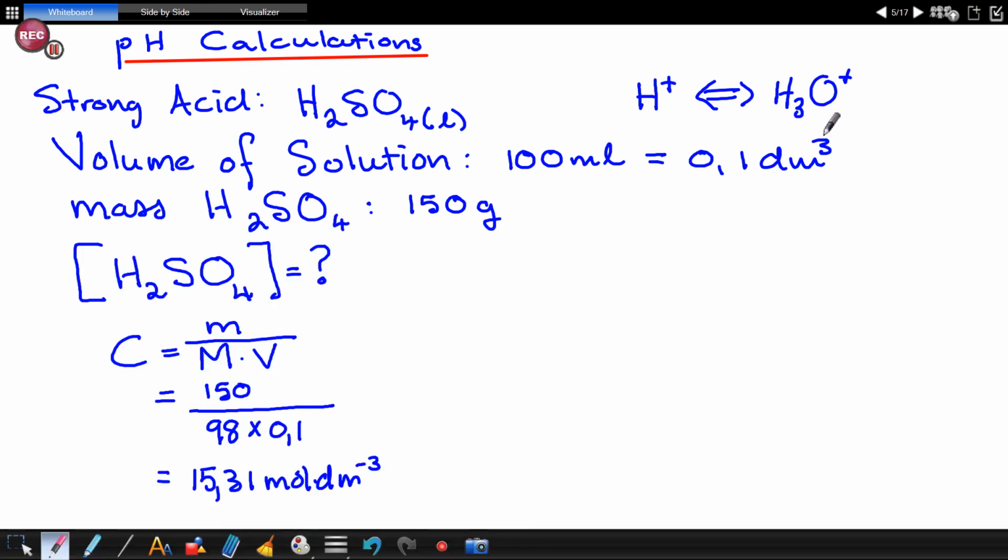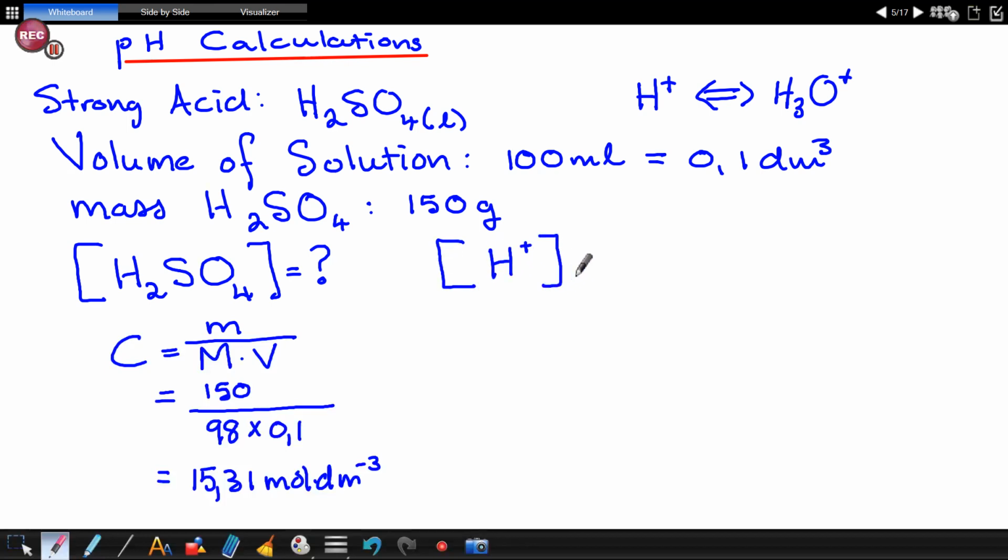Because the moment you put the acid into the water, the ionization will take place and the hydrogens will be given to the water. So here we go. What will the concentration of the hydrogen ions be in the solution?